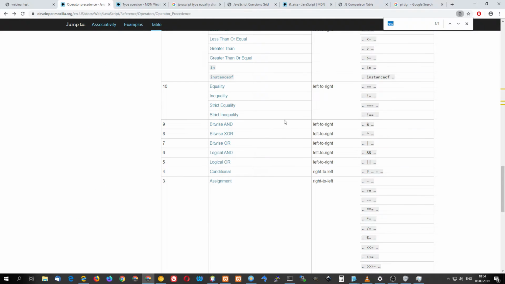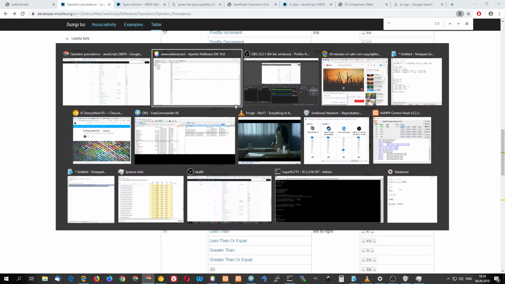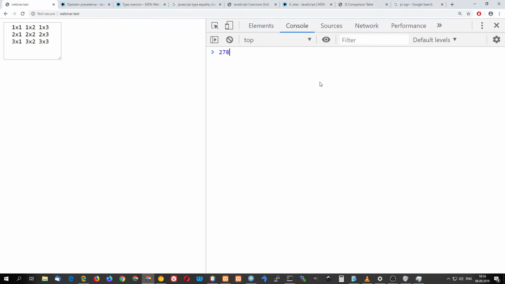Where is it? Exponential. So 2 to the power of 3 is 8. 3 to the power of 2 is 9.